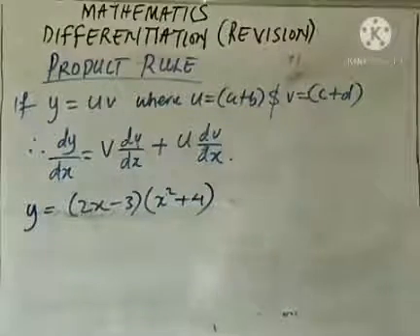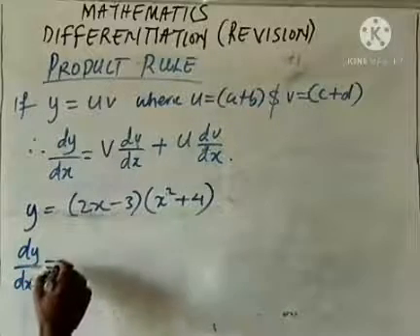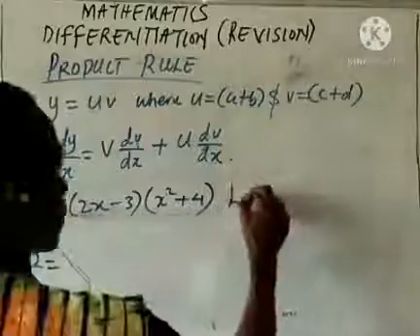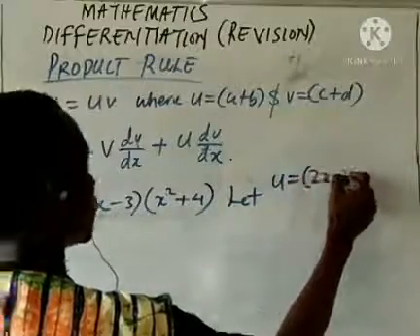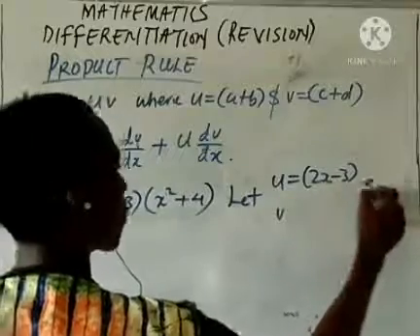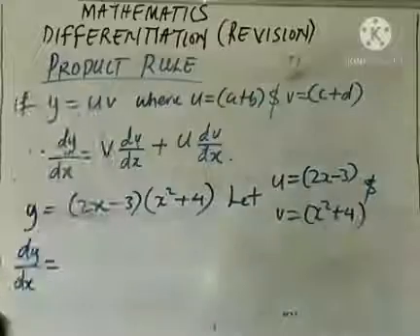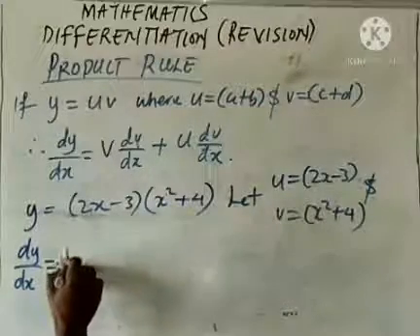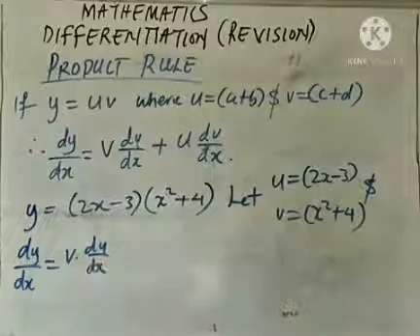In this case, what do we do? Our dy/dx is taken as, let u equals 2x minus 3 and v equals x squared plus 4. So therefore, I'll be taking v du/dx.